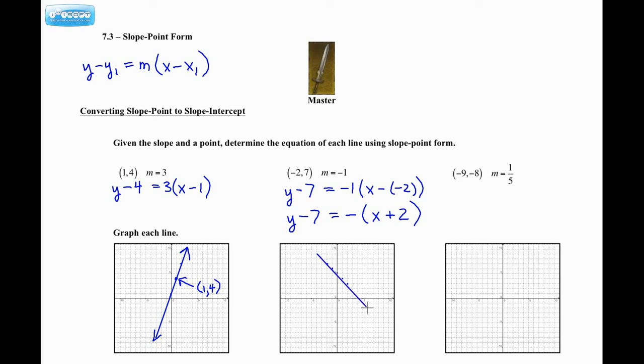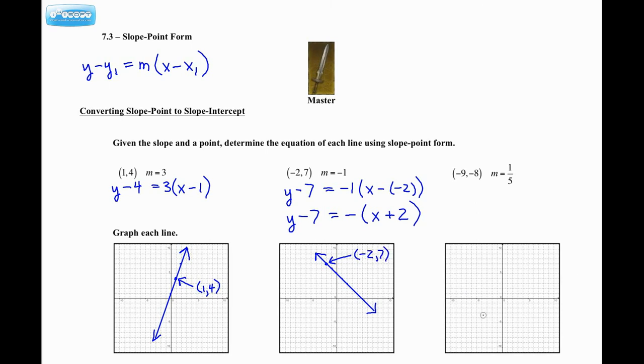So this goes like so, just right about there. So there's our line. And the point that we used was right here. We could have used any point we wanted, but that was the one that was given. So I'll just label it -2, 7. So there we go. All right, last one.